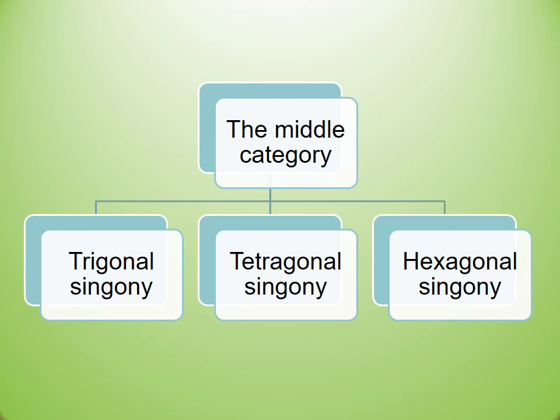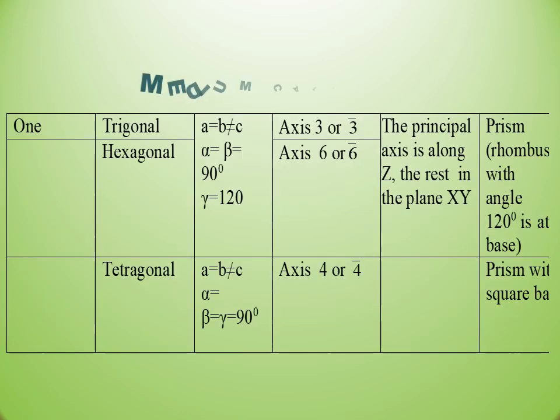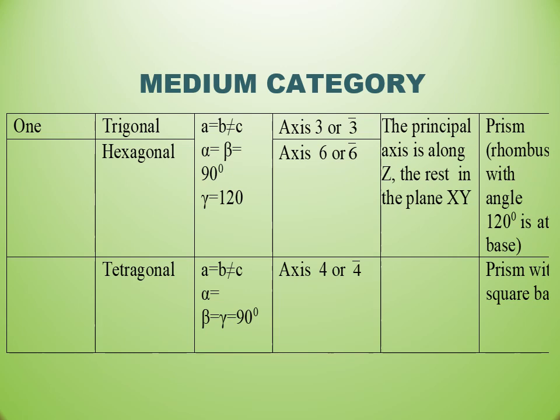Three crystal syngonies are referred to the medium category: trigonal syngony, tetragonal syngony, and hexagonal syngony. Trigonal syngony, the main axis of symmetry 3 or 3 minus. Here, please. A equals B, but not equal to C. Alpha equals beta equals 90 degrees, and gamma is 120.